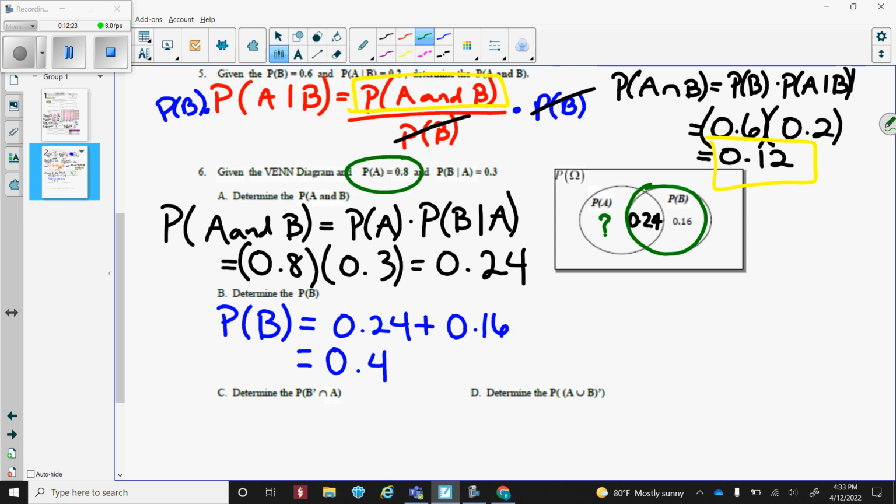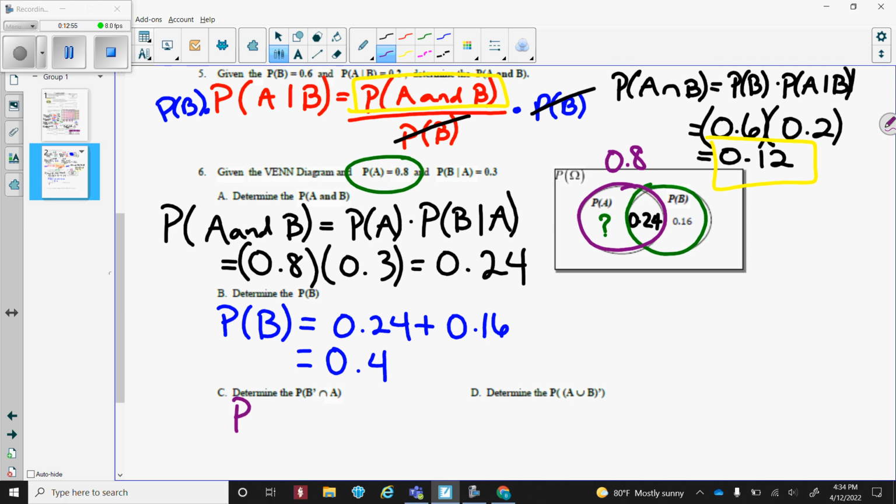We know the entirety of the probability of A is 0.8. So this whole thing here, let me change my color real fast, this whole thing here is 0.8. I know this 0.24, that's also in B, but I'm trying to get things that are not B. So I'm going to take my 0.8, I'm going to subtract my 0.24.